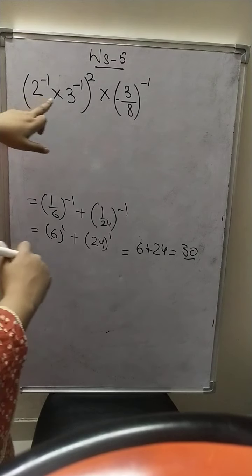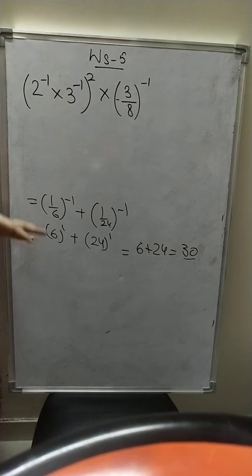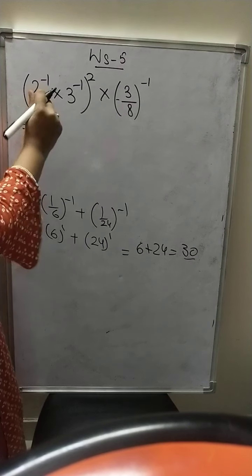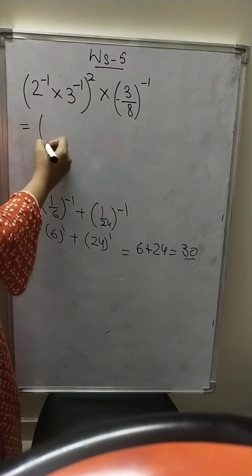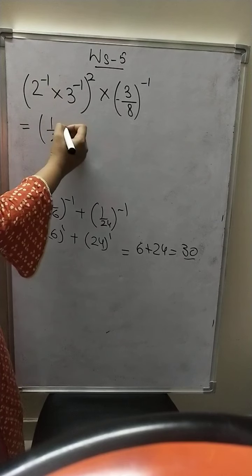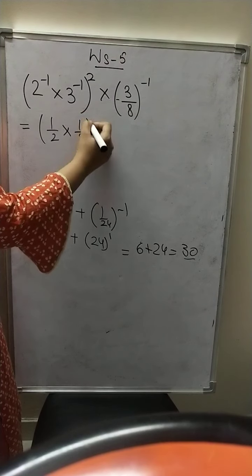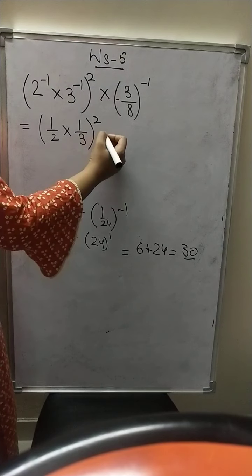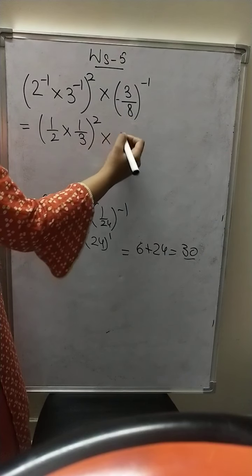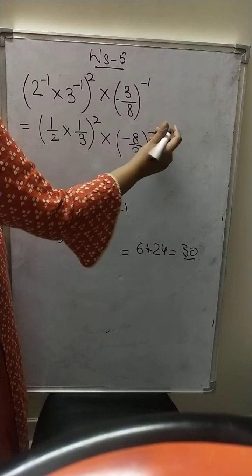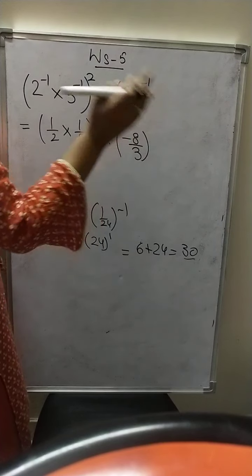Now again children, we have a into sign. In the previous question we had minus and plus signs. Alright. So this question is a bit easy. So what I will do, 2 raised to the power minus 1, I will write it as 1 by 2. Then 3 raised to the power minus 1, I will write it as 1 by 3. Then this is the whole square, into, then minus 3 upon 8 raised to the power minus 1 is minus 8 upon 3, the minus sign will be removed.